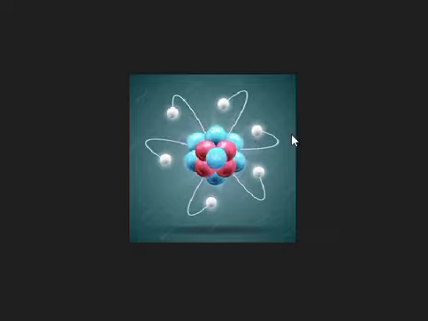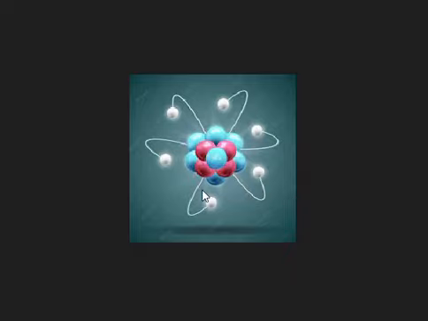Electrons always spiral around the nucleus, because electrons and protons have opposite charges. Protons have positive charge and electrons have negative charge. They always tend to attract each other. That's why the electrons always move around the protons, or the nucleus.